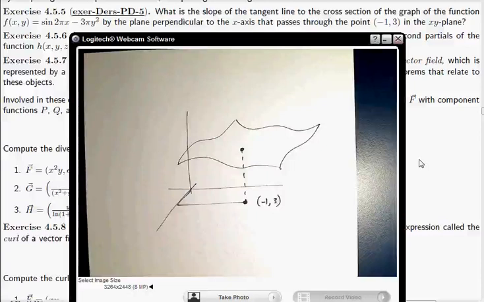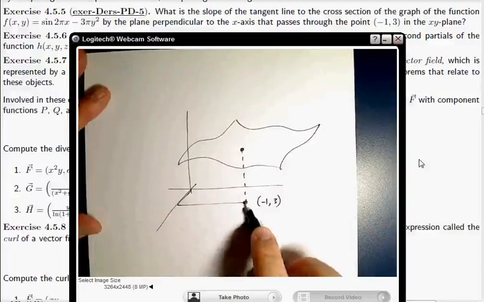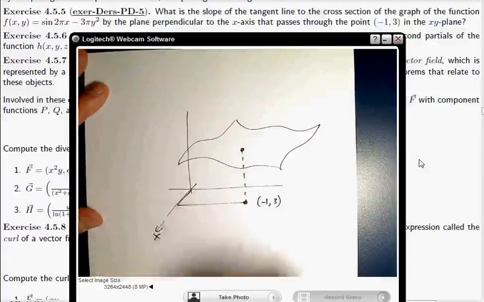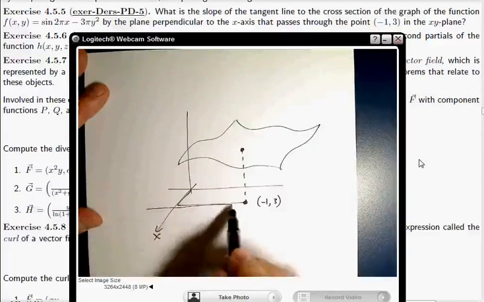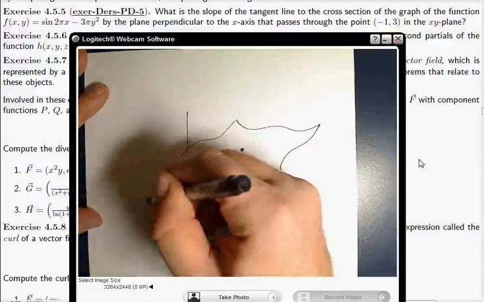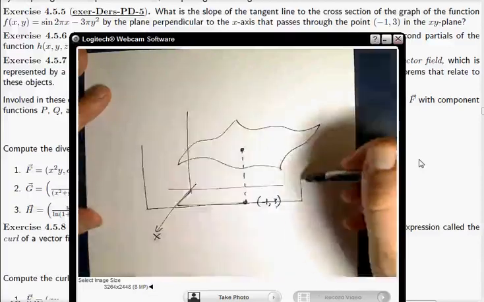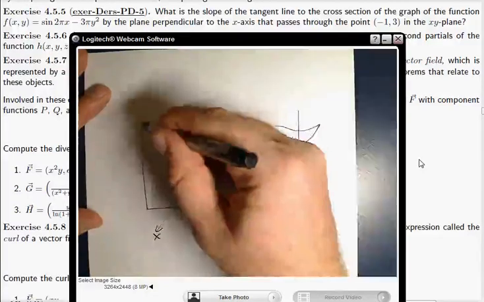Okay, slow down. Let's first talk about the cross-section. What cross-section are we talking about? Well, there's a plane perpendicular to the x-axis that passes through this point. Here's the x-axis. The plane perpendicular to the x-axis passing through that point is going to be some plane kind of like this.